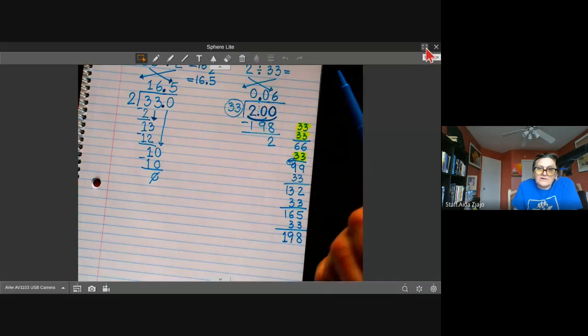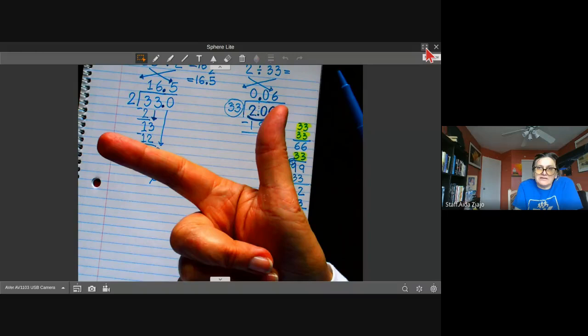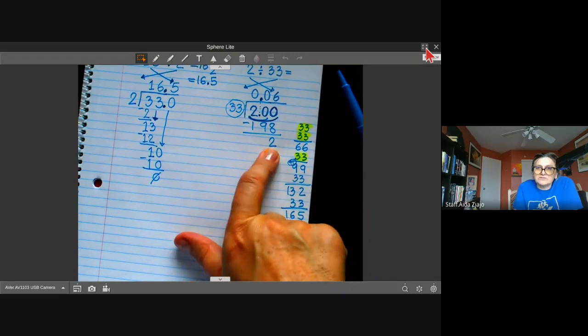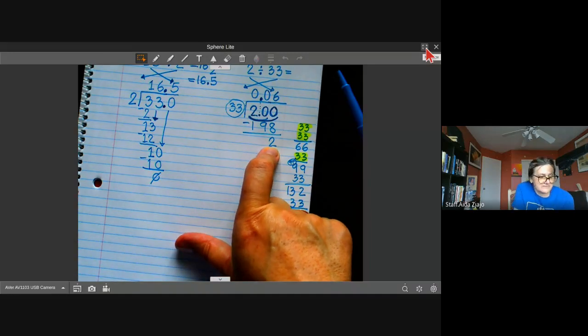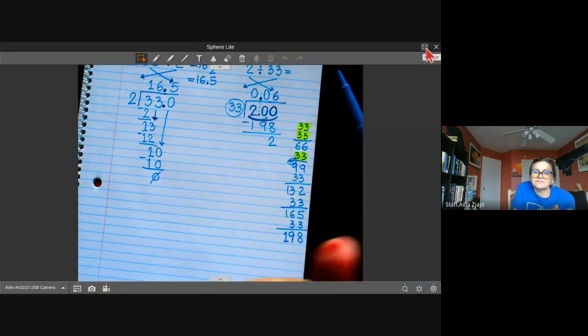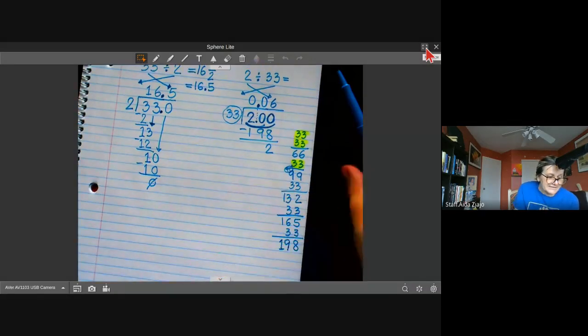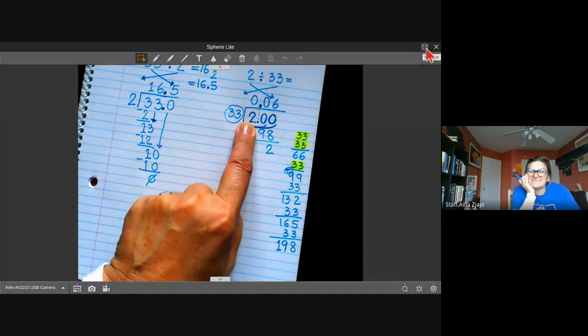Oh, I need 198, 199, 200. From 198 to 200, I have only 2 pieces. I do not need to use standard division if I can do it mentally. There's no need for it. But then that tells me again one thing. Oh, look, I got 2 left, just where I started.